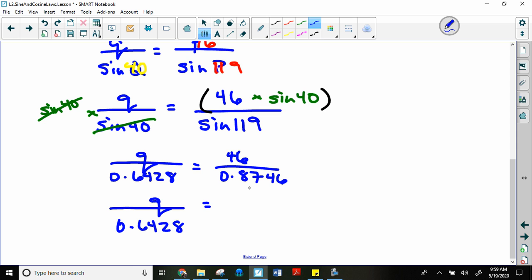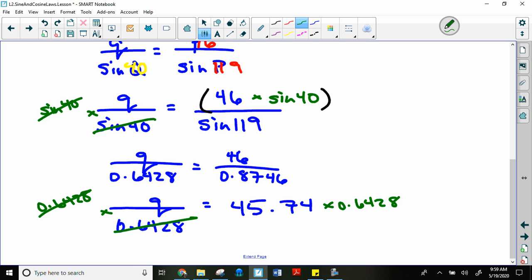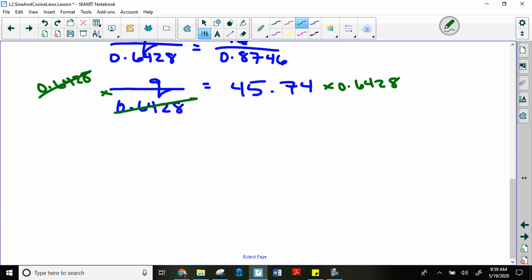I get 45.74. And then we're going to multiply both sides by 0.6428. Gets rid of that, times 0.6428. And then we get Q equals 45.74 times 0.6428.